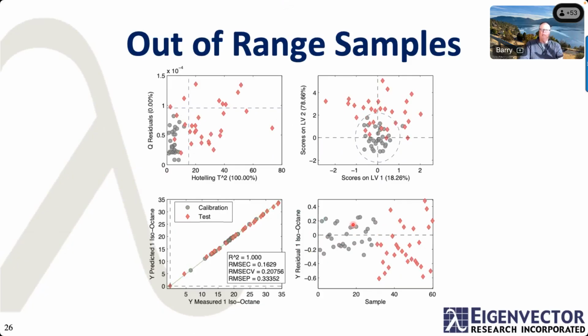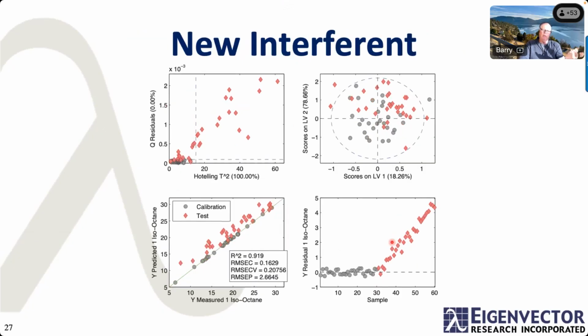So if you get some out of range samples, that's going to look like this in your Q versus T squared. Here, higher T squared values, scores plots, they wander off. And here, though, typically, if they're just out of range, your model typically still gets pretty good predictions. And again, that plot you only get if you've got the reference method available.